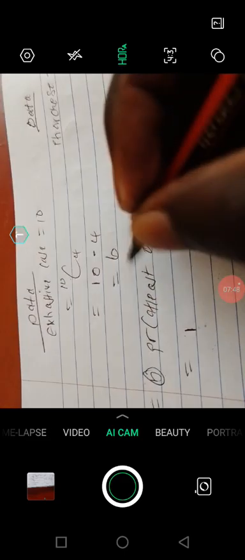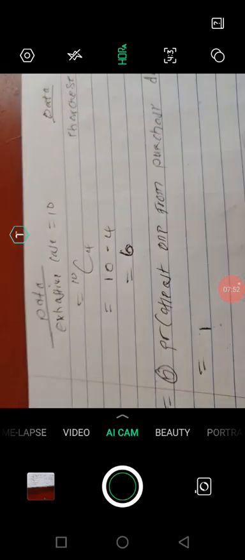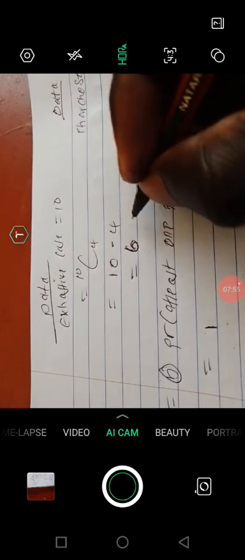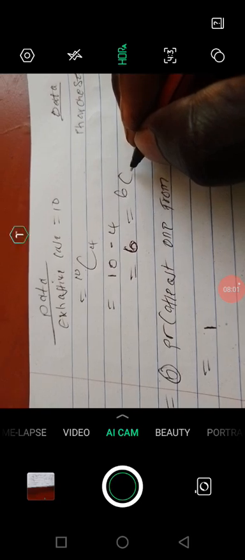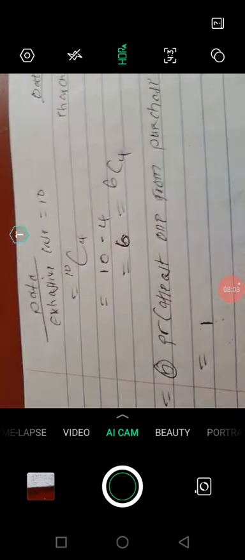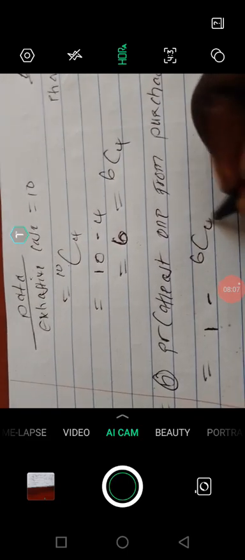So I'm going to say 10 minus 4, and the remaining I'm going to get 6. So the remaining to make up 4 is 6 combination 4, right? So it will be minus 6 combination 4.